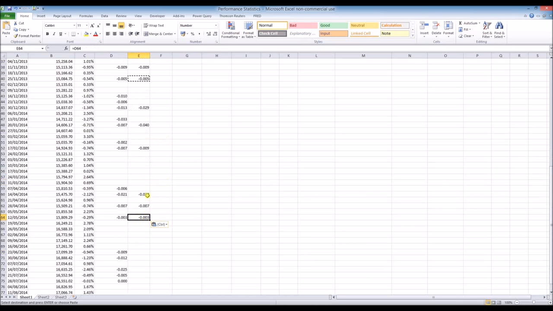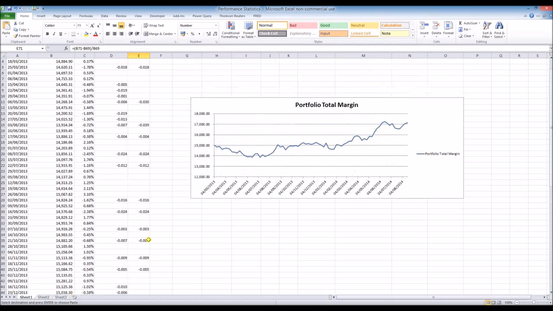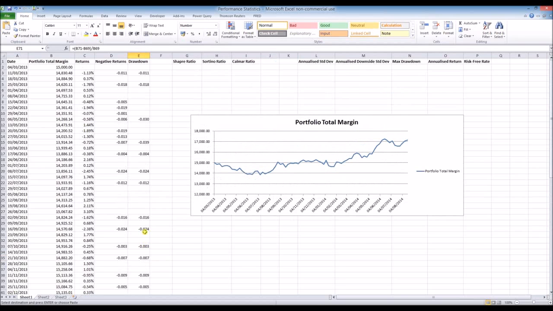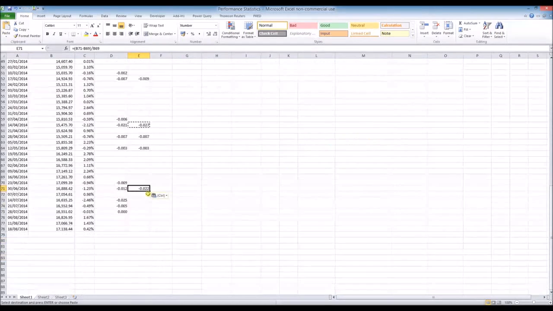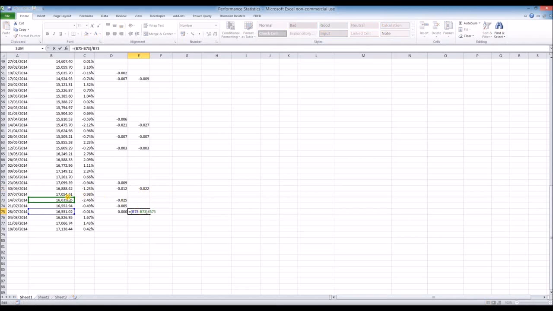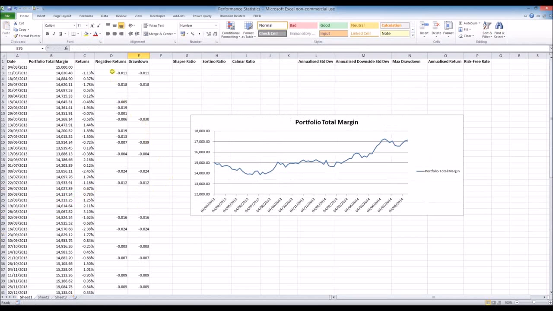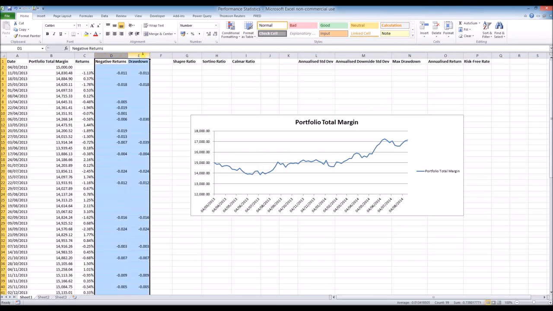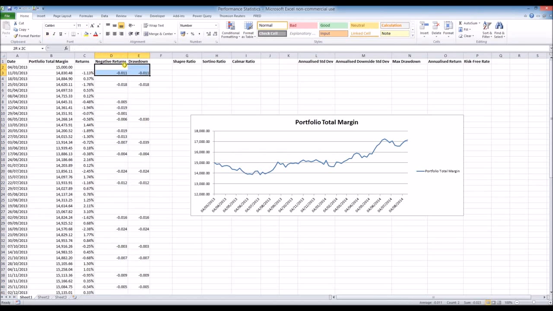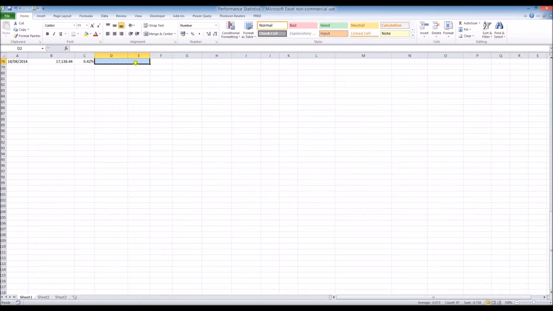So it's a little bit of a manual process, but that's probably the easiest and most understandable way to calculate drawdown figures. And we can format all those cells to display themselves as a percentage.